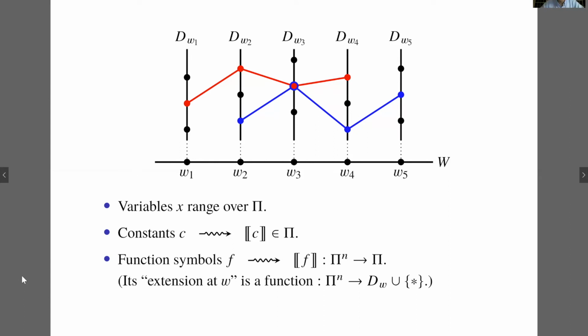Function symbols are interpreted by functions among individual intentions. So it takes individual intentions as inputs, and then spits out an individual intention, and this individual intention may have different extensions in different worlds.